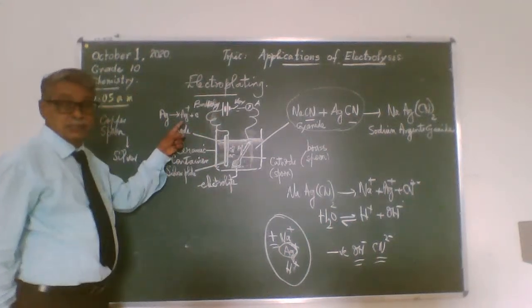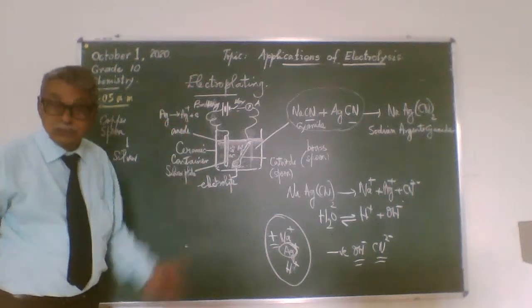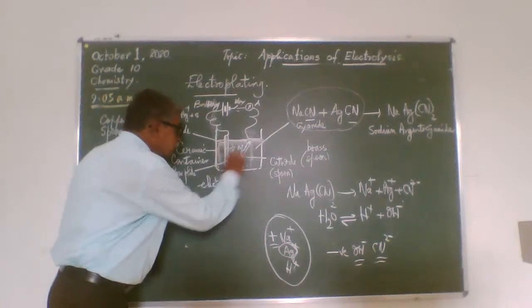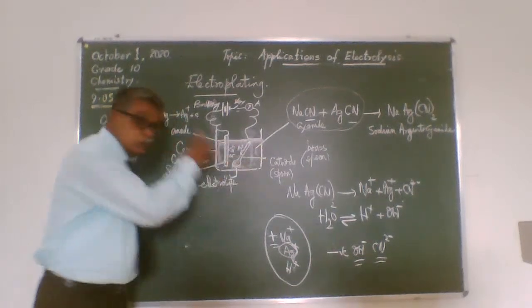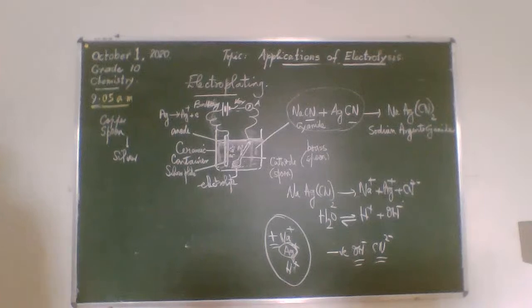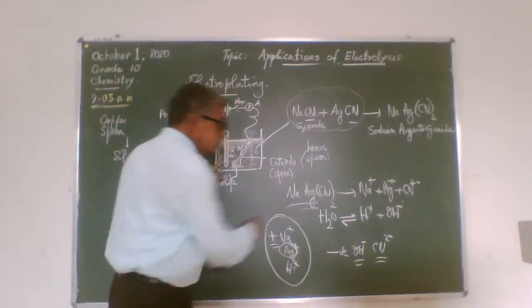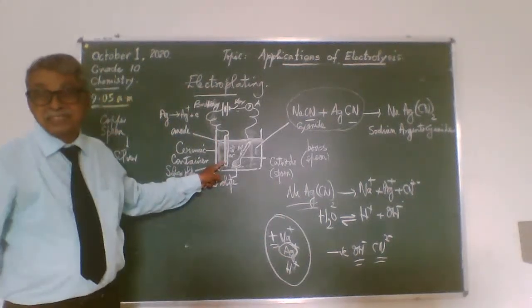But Ag plus, where will it go? Ag plus will go into the solution, so the concentration of NaAg(CN)2 will not change.